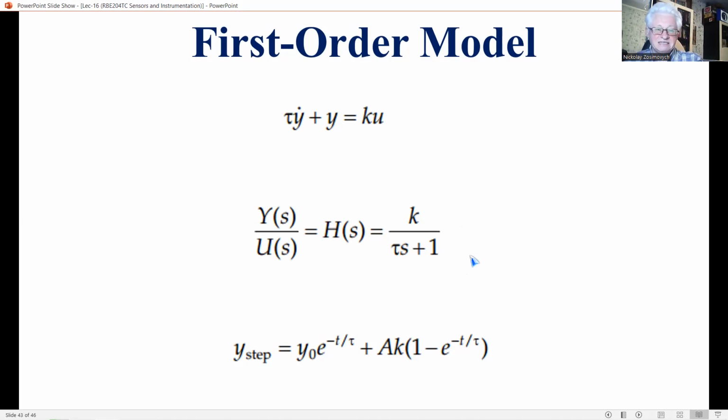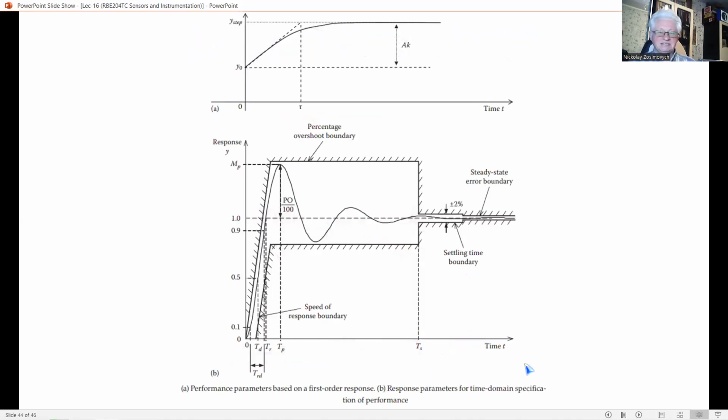Suppose that the system starts from an initial state Y naught, and a step input of magnitude A is applied at the initial state. The corresponding response is given by this expression for y step. This response is sketched in our first figure here.